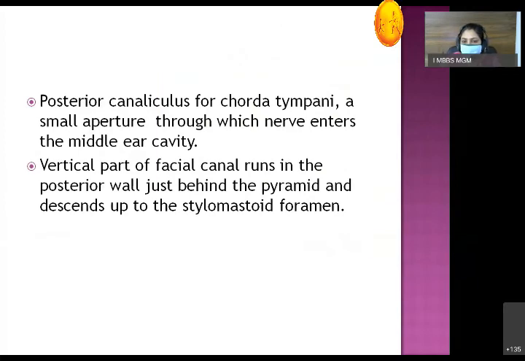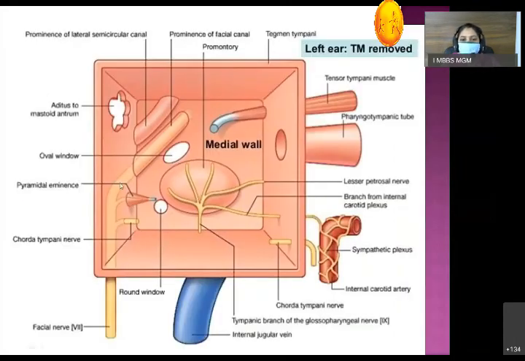Then there is the vertical part of the facial canal, which runs in the posterior wall just behind the pyramid and descends up to the stylomastoid foramen. If you see, this is the facial canal, in light yellow color.